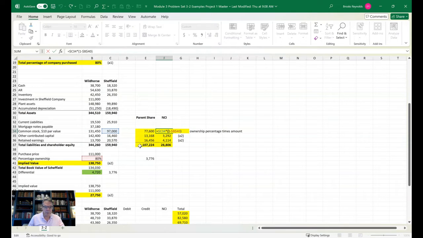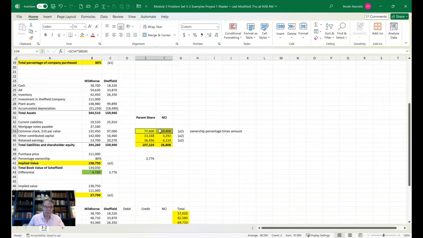So it would be 20% times this number. Okay, 20% times this number. You can do it different ways. You could just really subtract this number from that number, and you will see that you'll get 97,000. Okay, and so that should give you the next set of numbers, with the exception of difference between book and applied values.